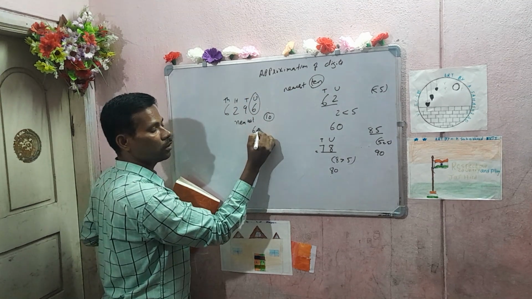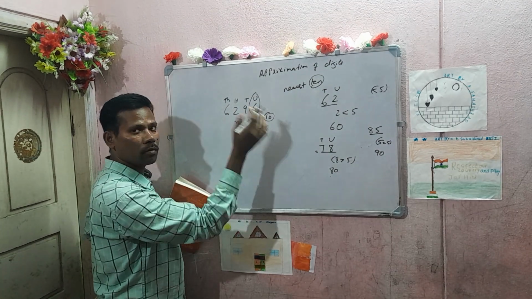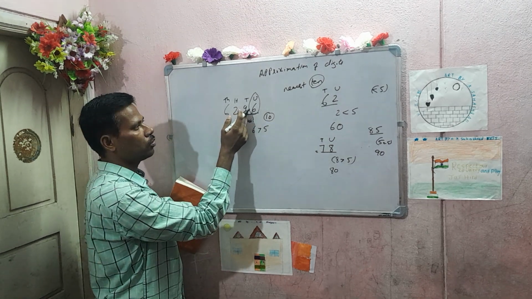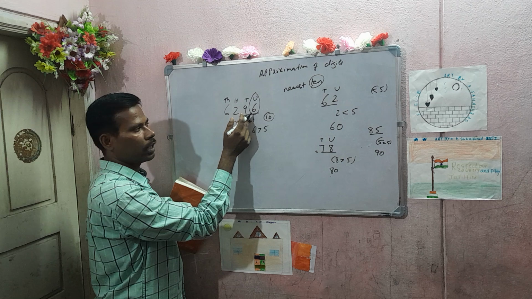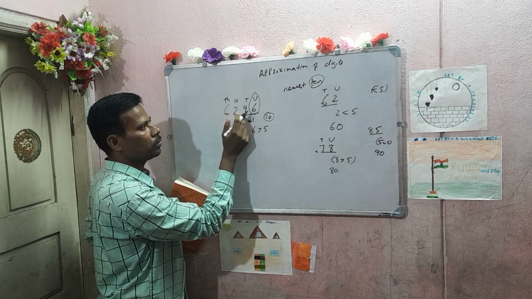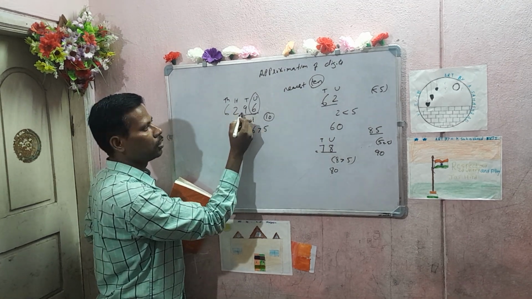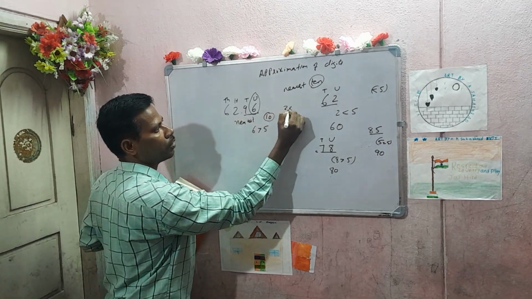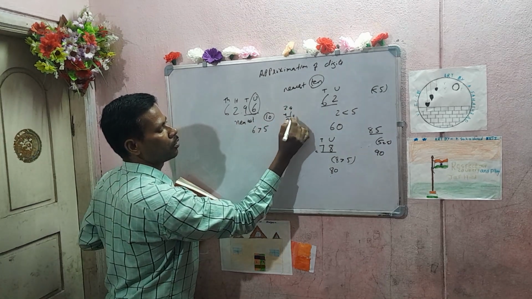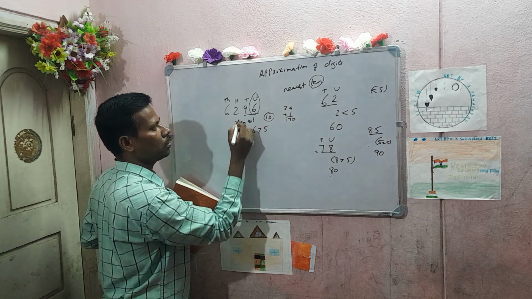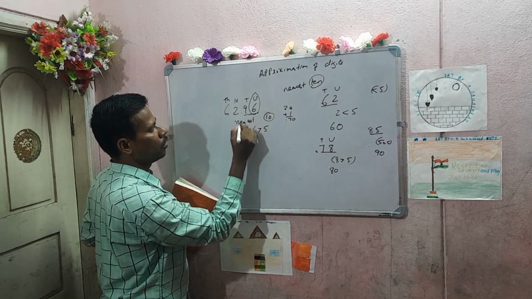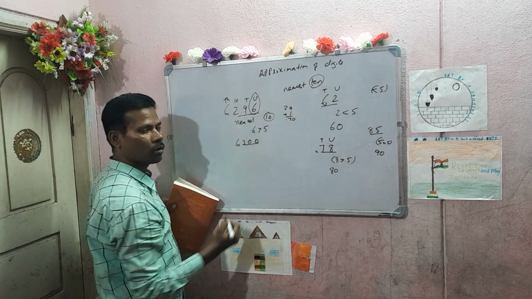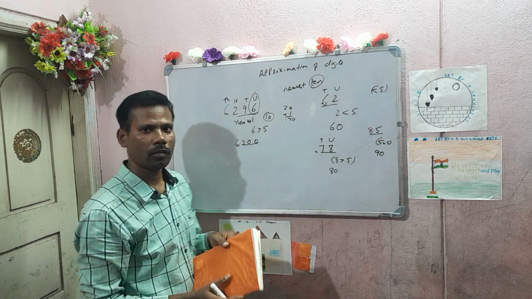This 6 is greater than 5, so add 1 to the previous one. Underline like this. Add 1 to the previous one, means this is 29. When 9 is there, you should be very careful. 29 plus 1 is 30. So the answer is 6300. The remaining places become 0, like that.